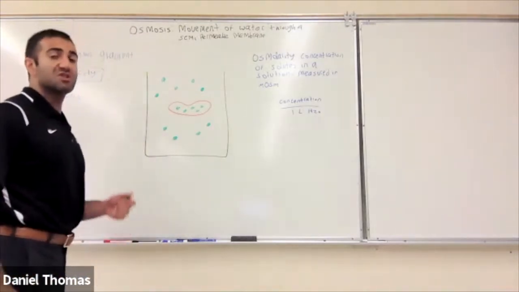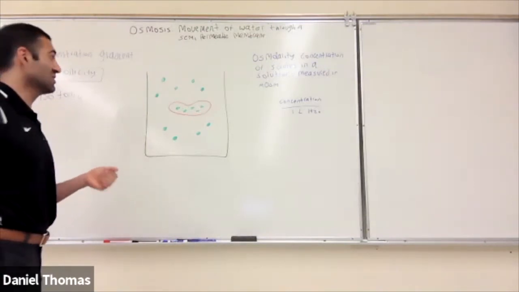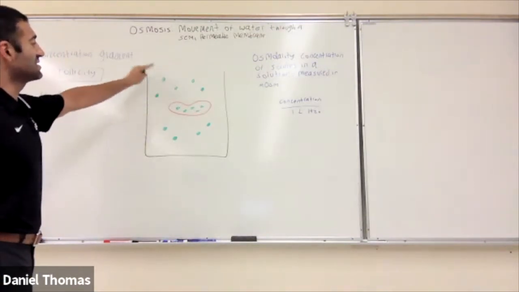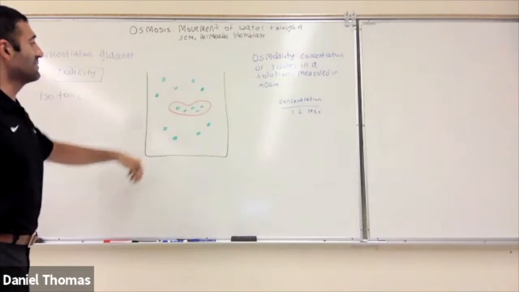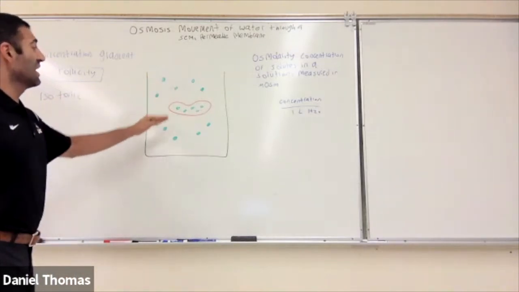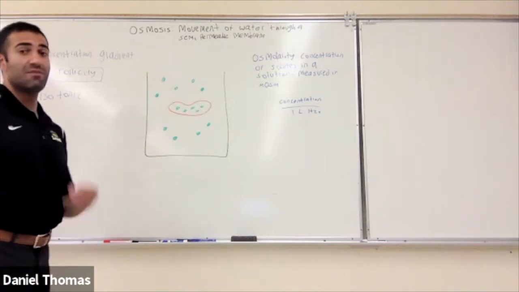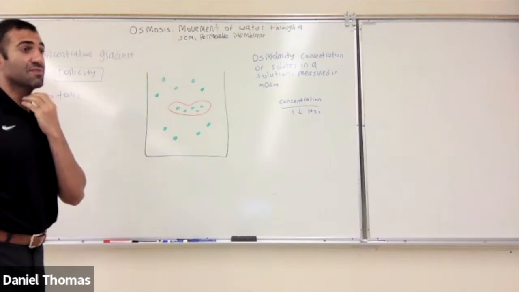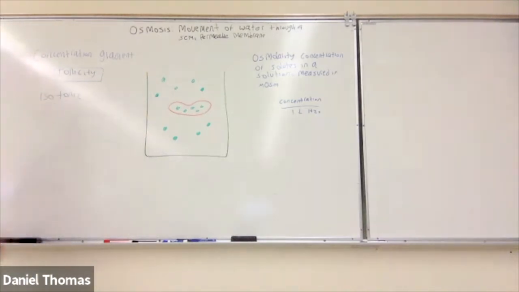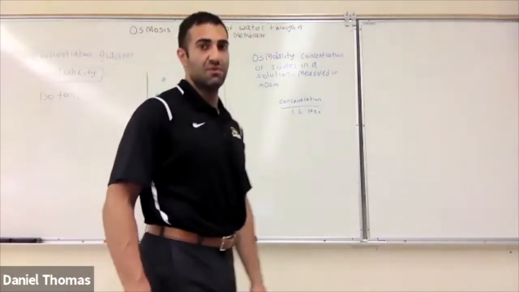Since we're just going to be counting dots right now, because this is just a teaching introduction, we see that in the solution, there are going to be 9 particles of sodium. Inside the cell, we see that there are 5 molecules of sodium. Because of that, we've established a concentration gradient. The steeper the gradient, the more water has to move.